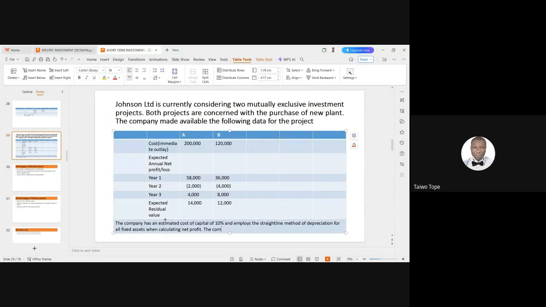The company has sufficient funds to meet all capital expenditure requirements.